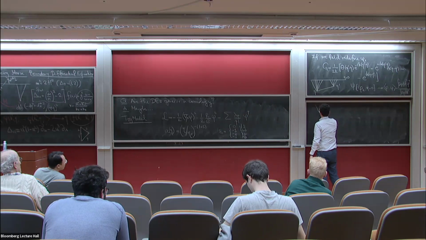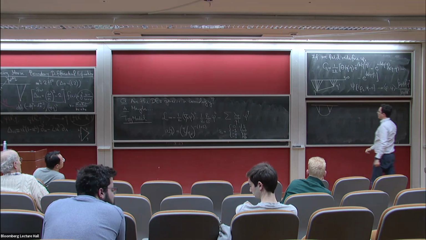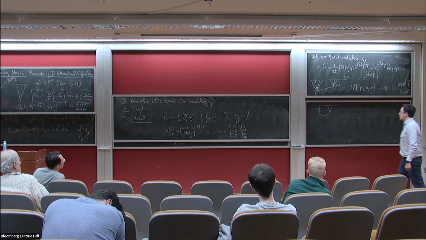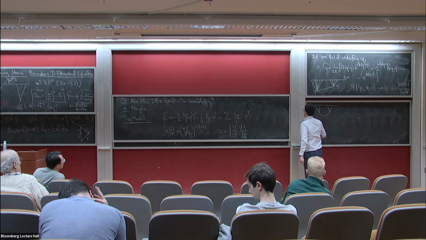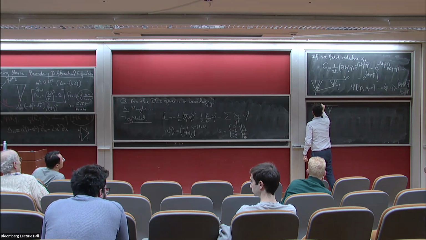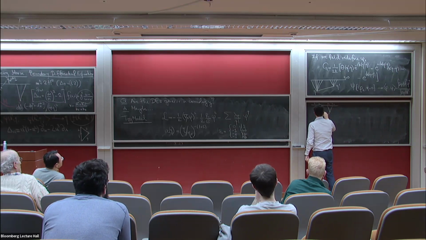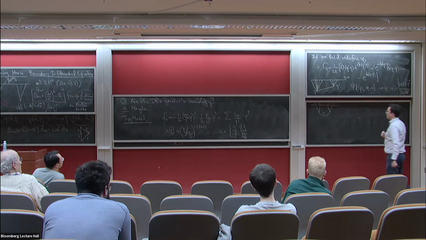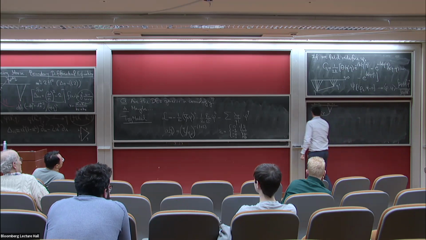So let me start with the simplest example. If I do just phi cubed theory, then this 4-point function will be given by the following formula. So K1, K2, K3, K4, and let me call this exchange momentum Y. I know I changed notation, but it's just the way it's wired in my brain.